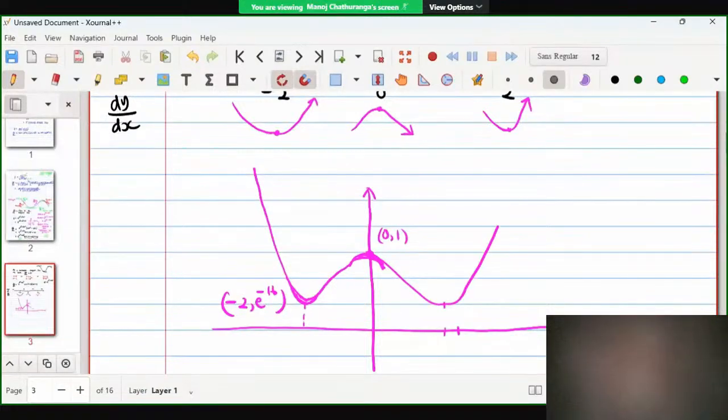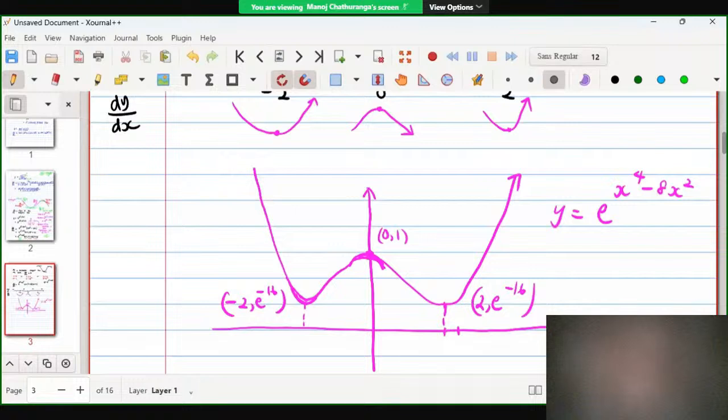I'm very bad at drawing stuff. All right, this is the graph of e to the power x to the power 4 minus 8x squared.